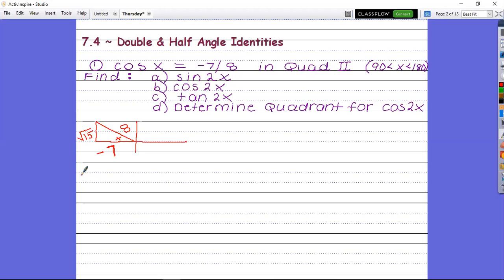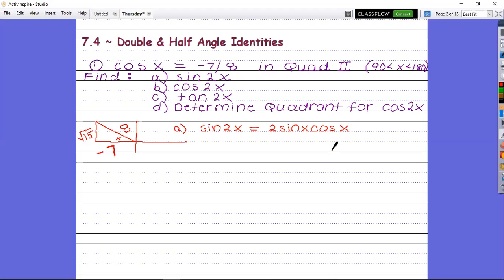You're going to go into where it says double angle identities because we're doubling the x value. So I'm going to go the sine of 2x. So here's part A. Sine of 2x is equal to, and you don't need to memorize any of these, 2 sine x cos x. So this is 2 sine x cos x.